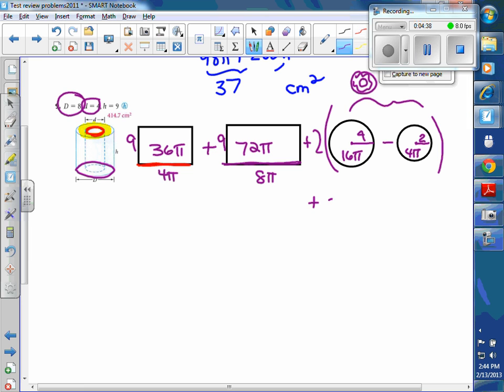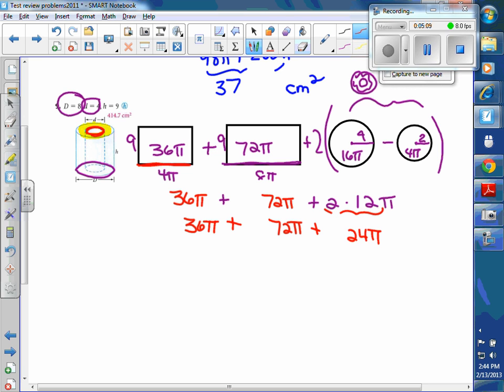So you have 2 times 12 pi. Not 8. What should that be? 72. And 36. And you add all of those up, so that's 24 pi, 108 pi, 132 pi.